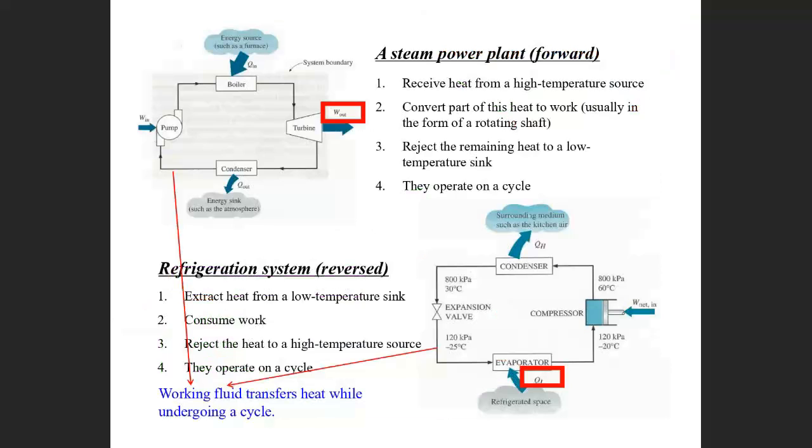For the application, for example steam power plants, in the first lecture we introduced steam engines and the energy transformations. In steam plants, we can see water is pumped and absorbs heat and becomes steam, and there is a turbine. The turbine can expand the steam in the expansion process.